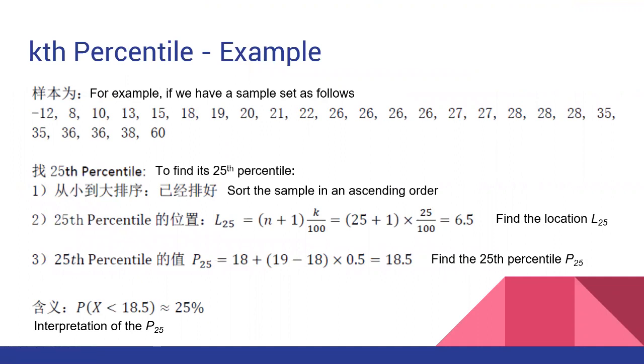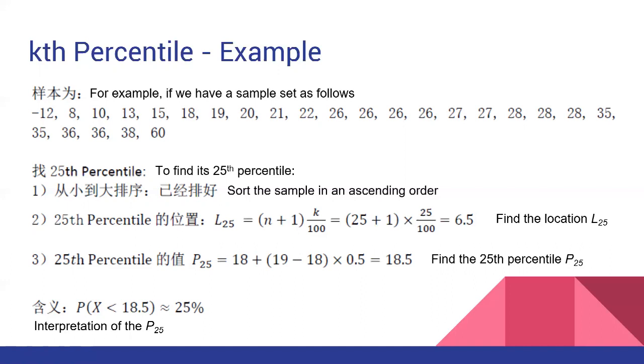Following the three steps, first we sort the sample in ascending order, which is already done, from minus 12, 8, 10, 13, 15 to 36, 36, 38, 60. So the first step is done.